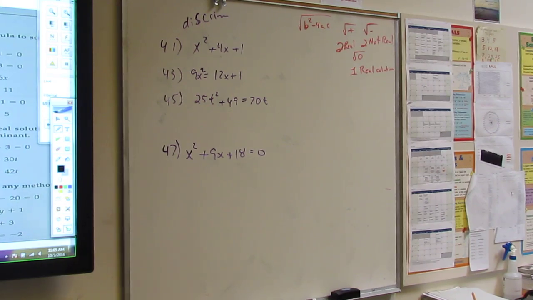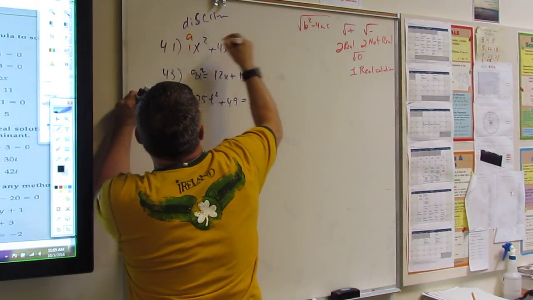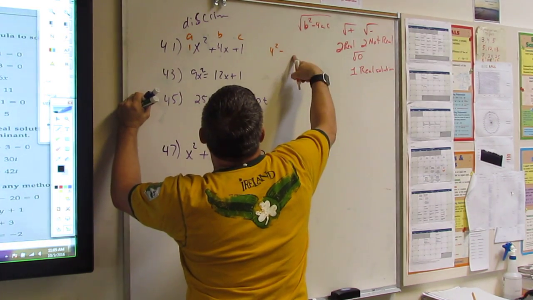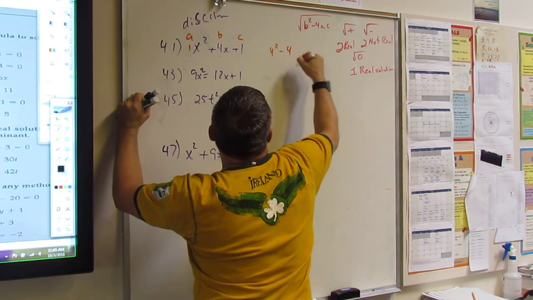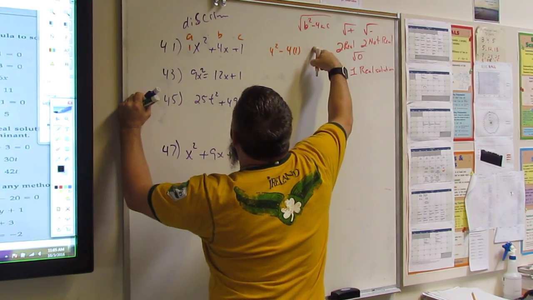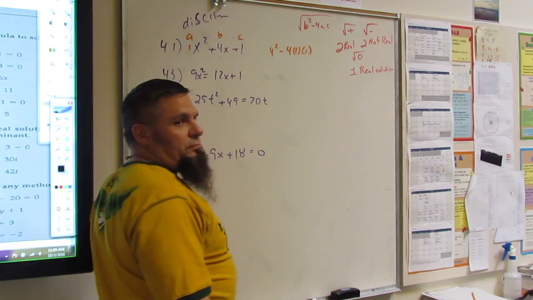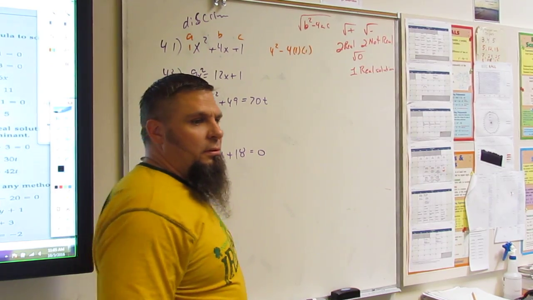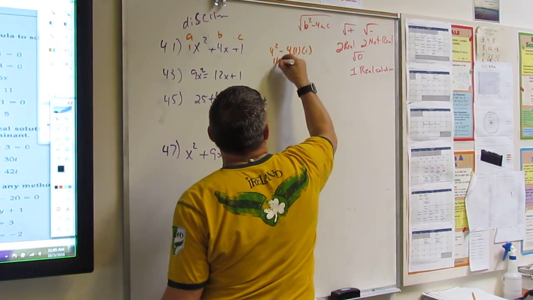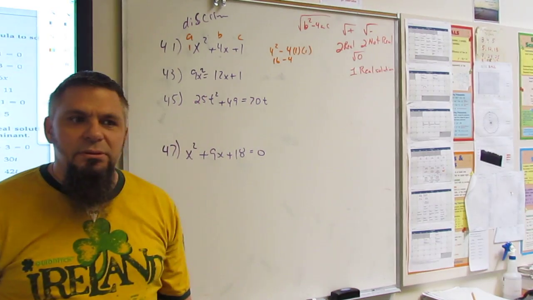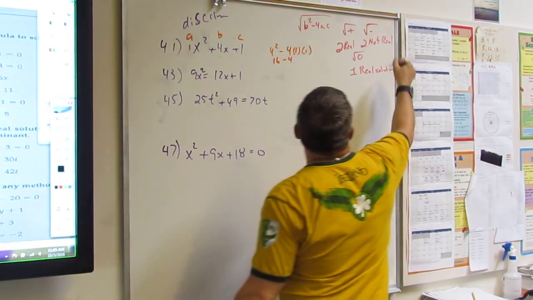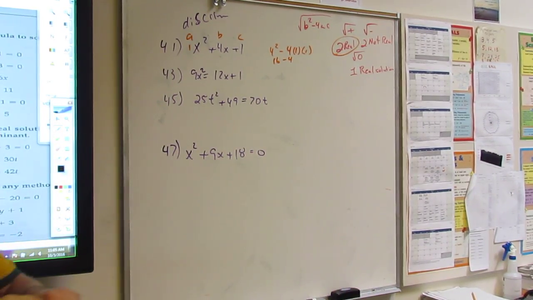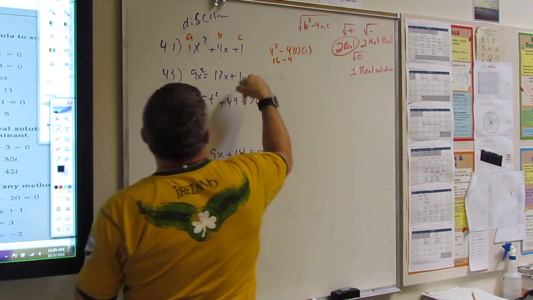And so I'm going to plug this in as A, B, and C. So 4 squared minus 4AC, right? So is that going to be positive? Because this is 16 minus 4. Is that positive? Yep. So it's 2 real solutions. And then we've got this one I got to move over.